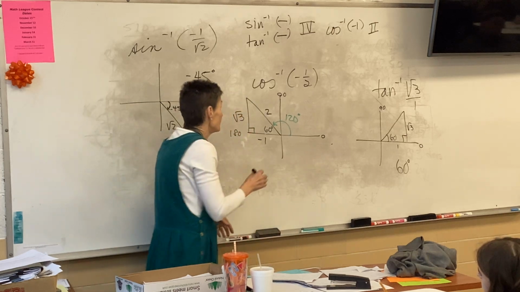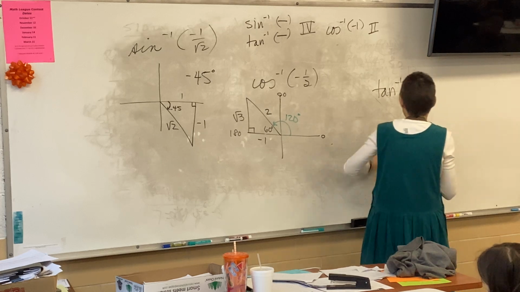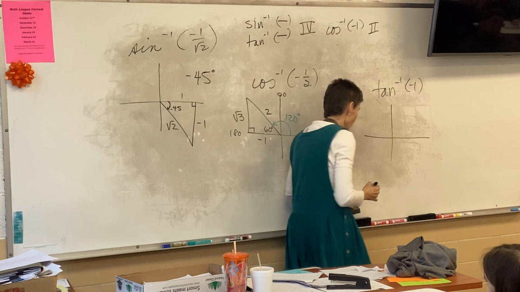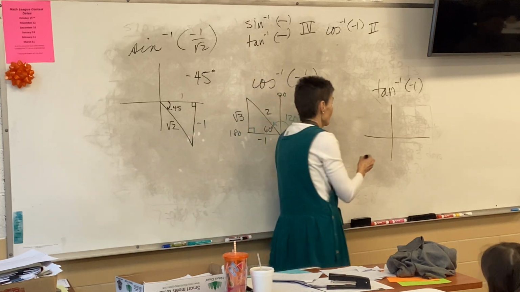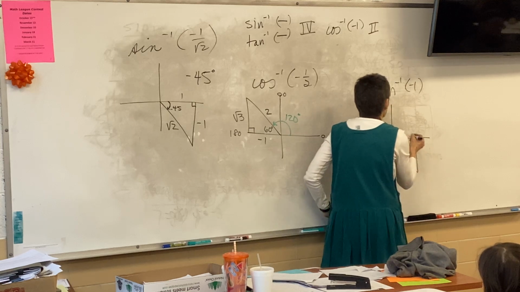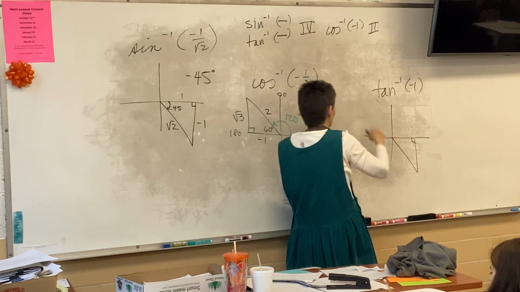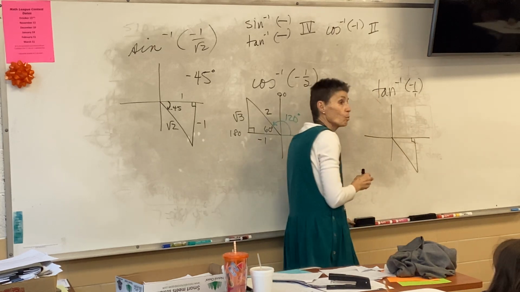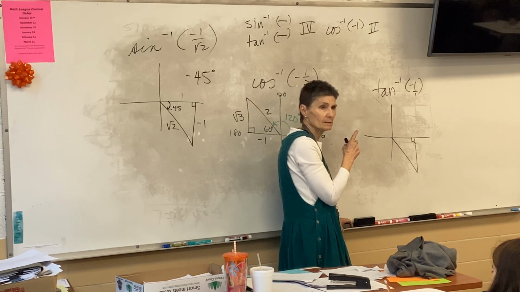All right. Next one, tangent negative 1. Which quadrant am I drawing this in? 4? When in doubt, look at my cheat sheet up here. Tangent negative, quadrant 4. And I know the tangent is 1/1. I always make that a fraction.